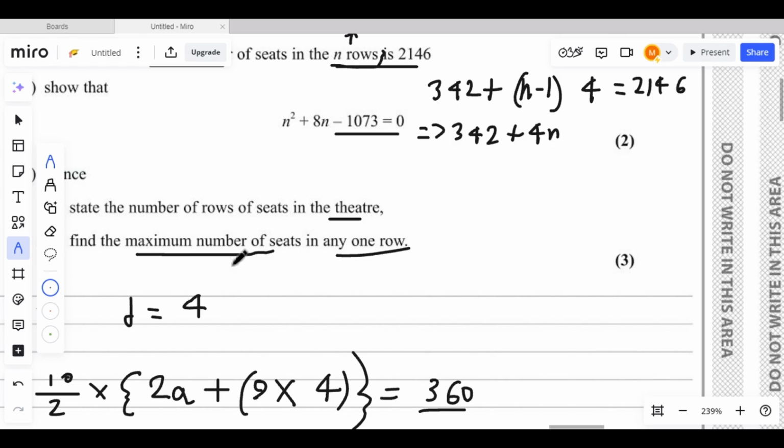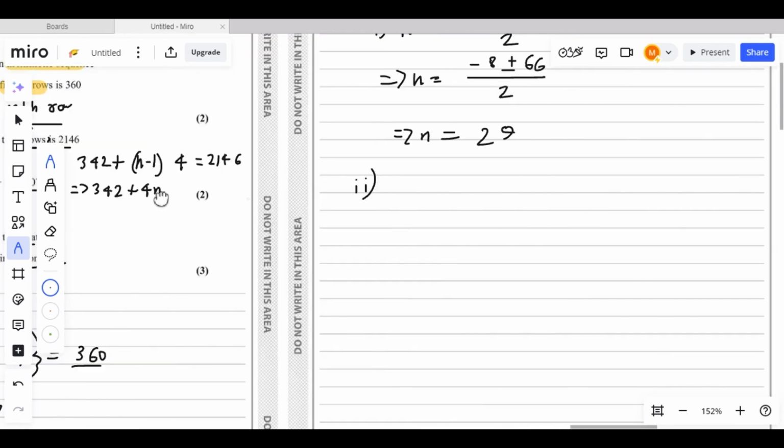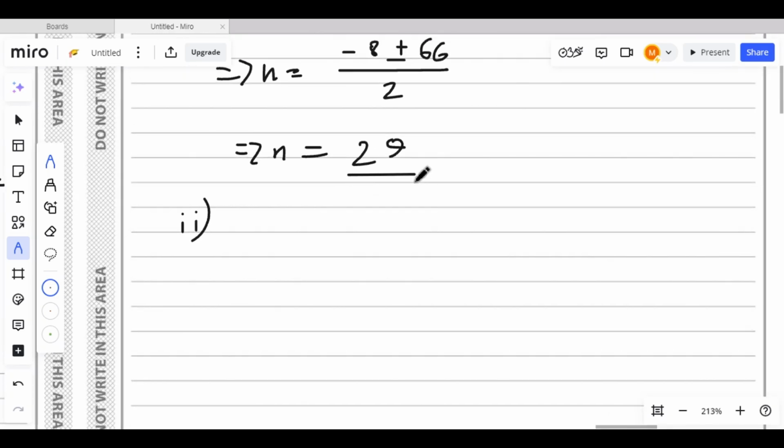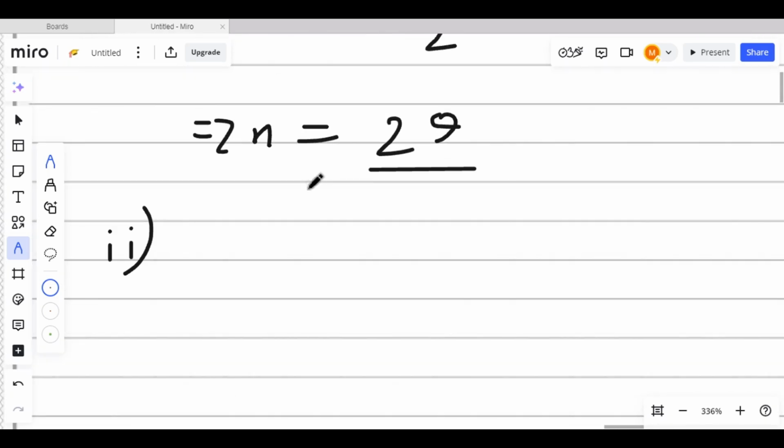So that means it will keep increasing, and the last row of the theater will have the largest number of seats. Since the number of rows is 29, let's find out the 29th term of this arithmetic progression.